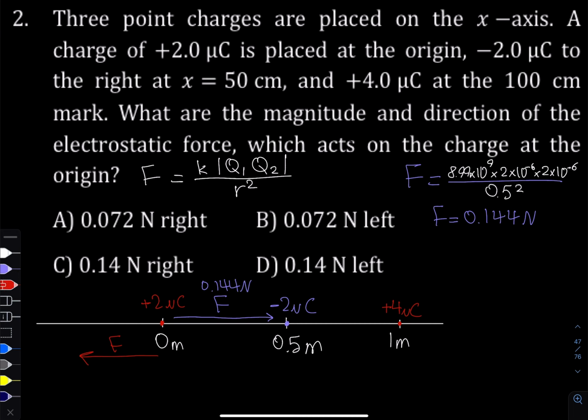If we calculate the force that's going to be accelerating this charge to the left, we still have Coulomb's constant, and the charge that's being affected has the same magnitude, so that's 2 times 10 to the negative 6 coulombs. The charge that's pushing it to the left is 4 microcoulombs, so 4 times 10 to the negative 6.